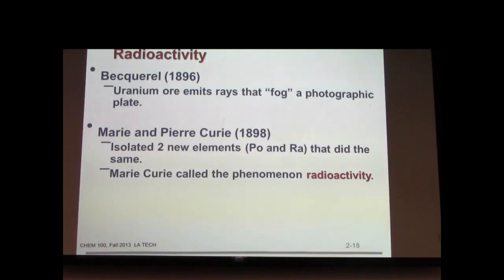Maybe that's why I'm a chemist, right? No, I don't think about that. But it's very inspiring, all right? How they did this discovery from another earth sample. They found polonium and radium. Those are radioactive too.